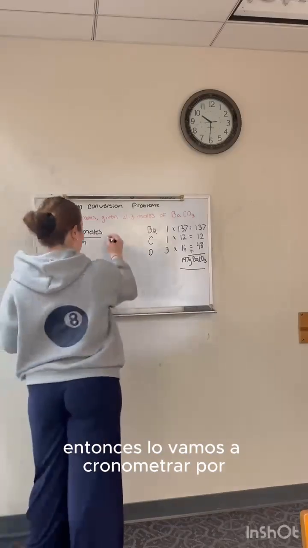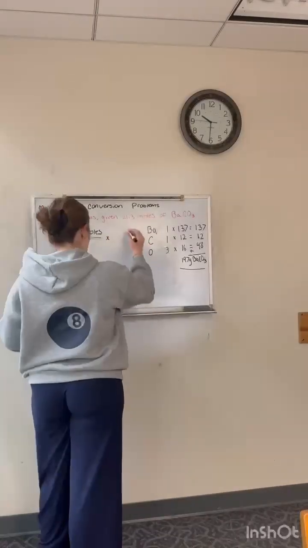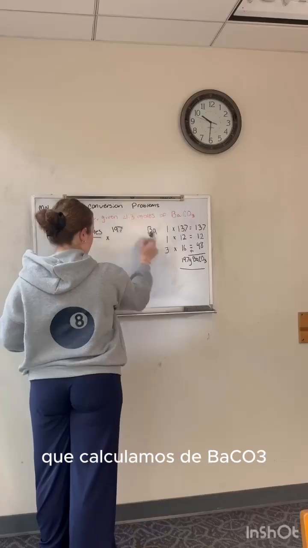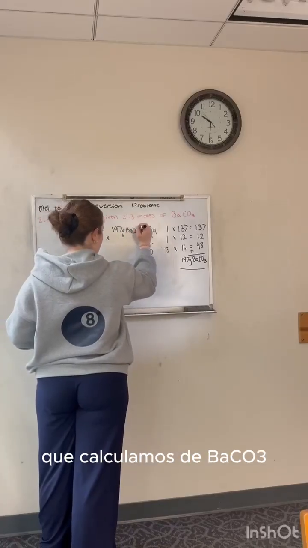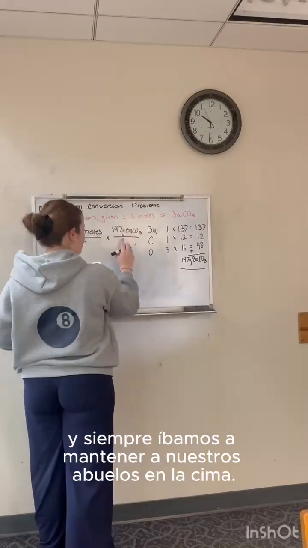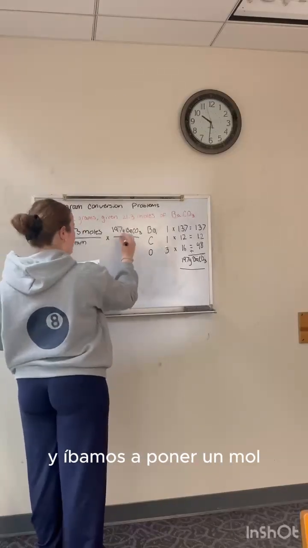Then we're going to times it by the 197 grams that we calculated of BaCO3 over, and we're always going to keep our grams on the top, and we're going to put 1 mole.